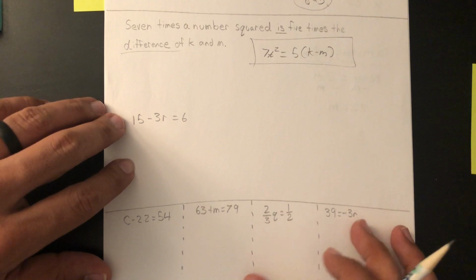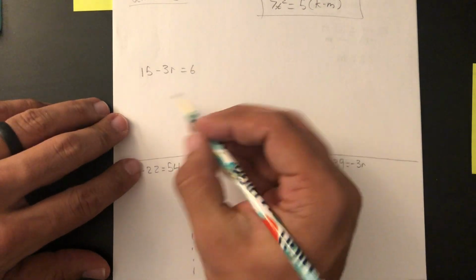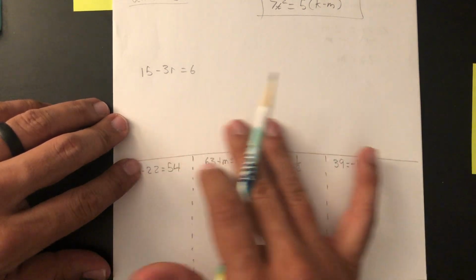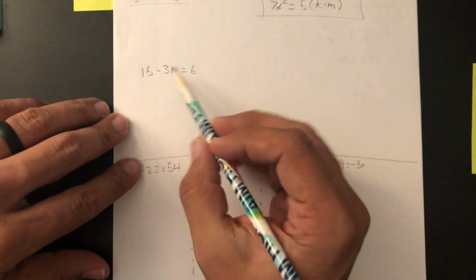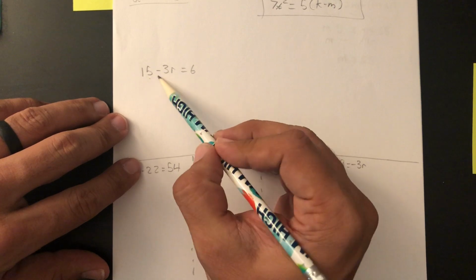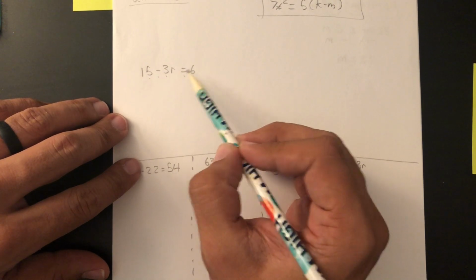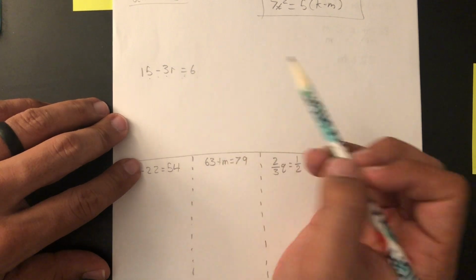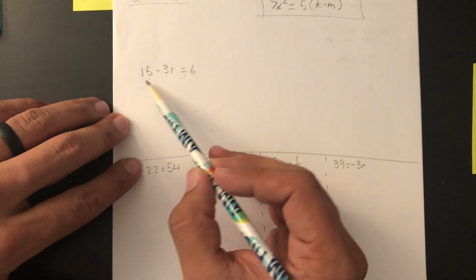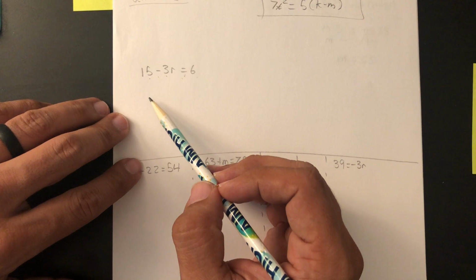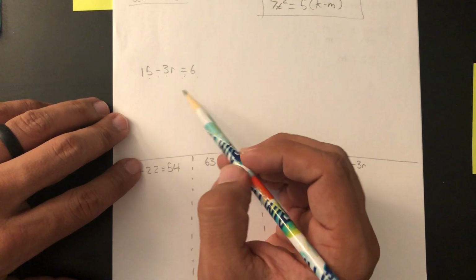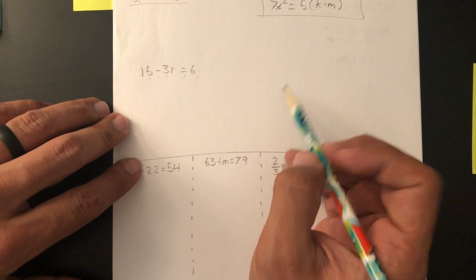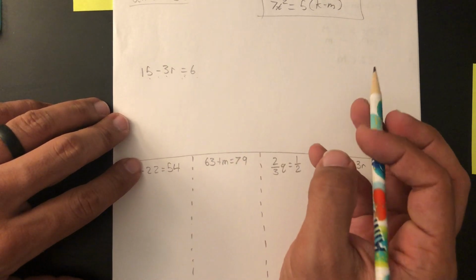Okay? Now the next one is going to be this. Now we're going to write a sentence. We're just going to talk about them, so you're not sitting here watching me write sentences over and over again. So you could say 15 minus 3 times r equals 6, or is 6, or is equivalent to 6. Okay, you could say 3r less than 15, or 3r subtracted from 15.